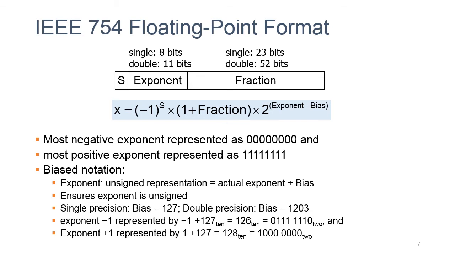The range of single precision numbers is then as small as ±1.00000 × 2^-126 and as large as ±1.11111111 up to 23 fraction bits × 2^127.